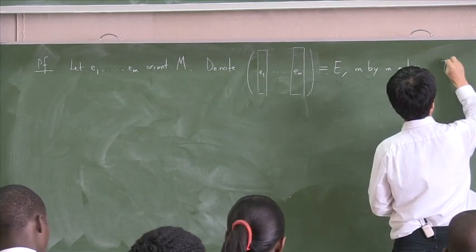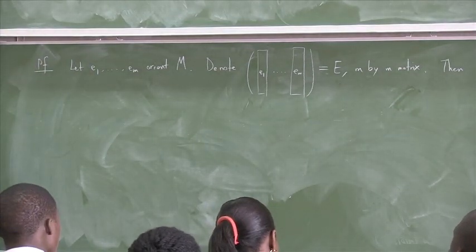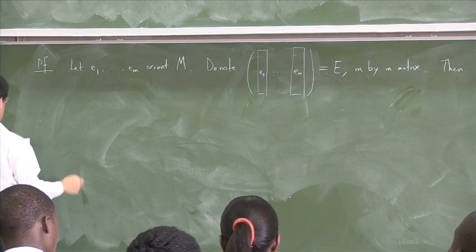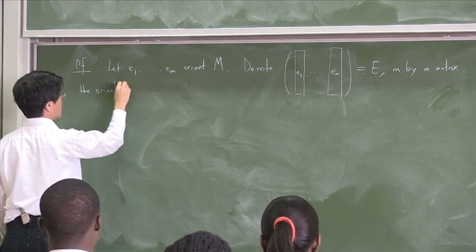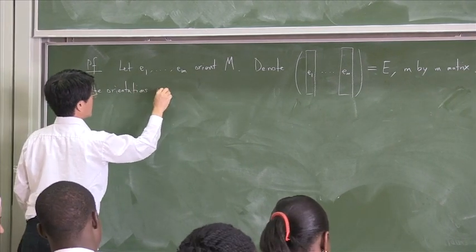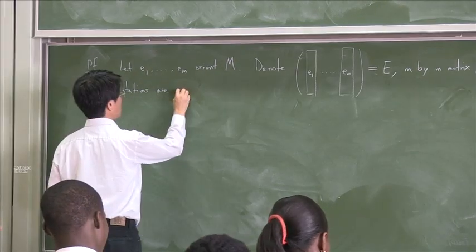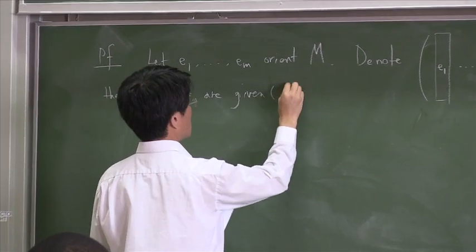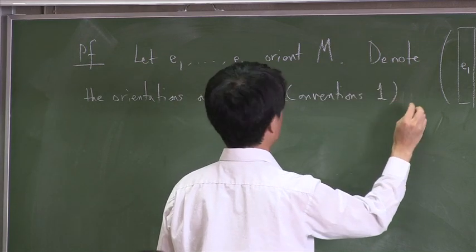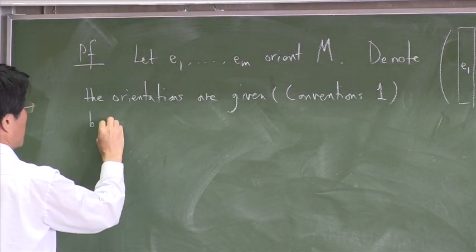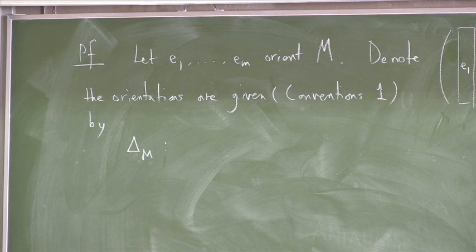Now, let's write down what the orientations are for delta, gamma, and the ambient product space. Here is what they look like in explicit formulas. These induced orientations, as defined yesterday, are as follows. This was convention 1 from yesterday. For delta m, what are the basis vectors that define the orientation?